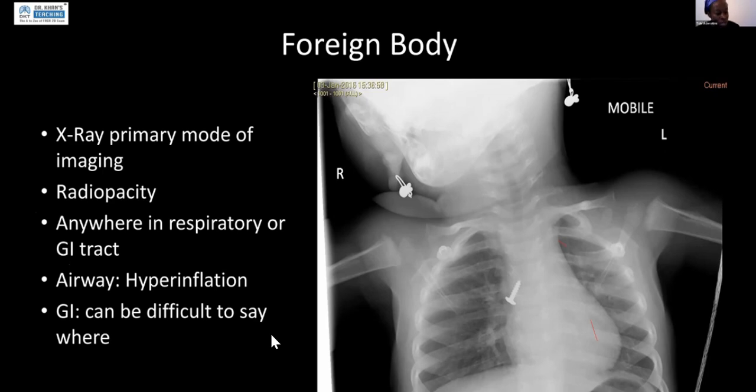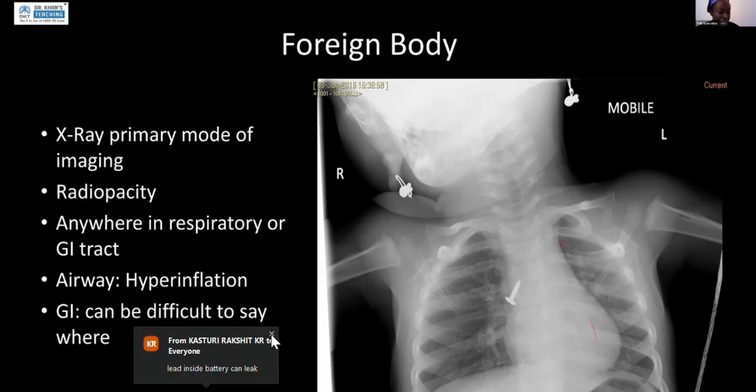And if we saw a single ingested magnet on the radiograph, we would then do a lateral of the abdomen to see if there are multiple magnets, because magnets can stick to each other and look like one single magnet on the imaging. So doing the lateral confirms whether you have multiple or a single magnet.